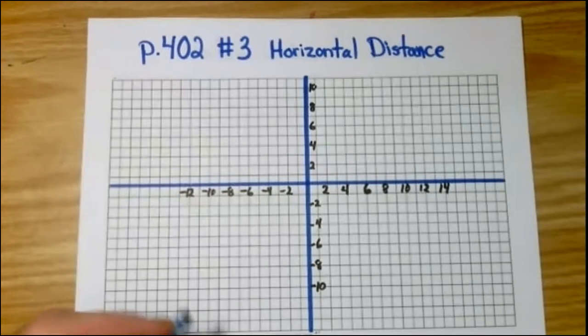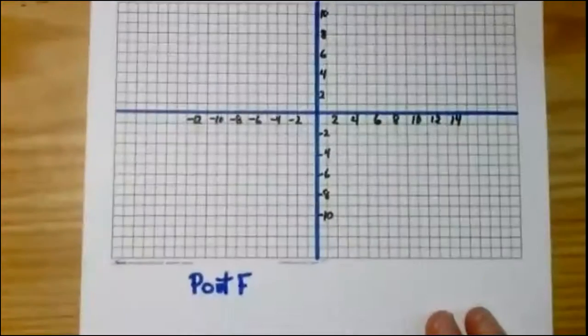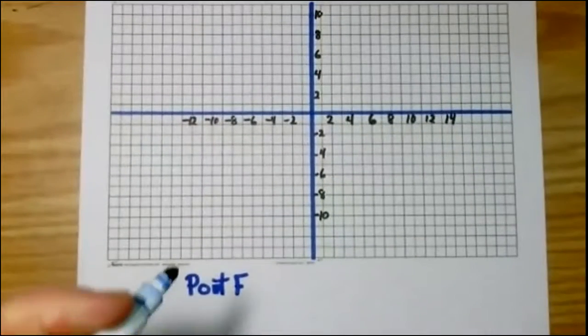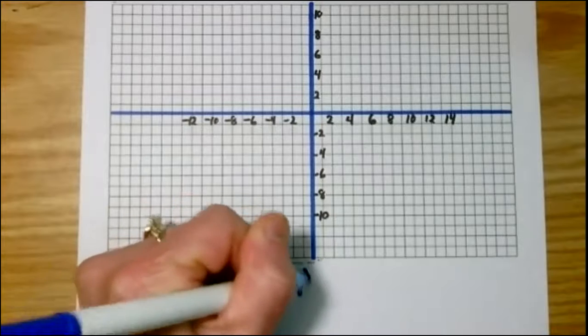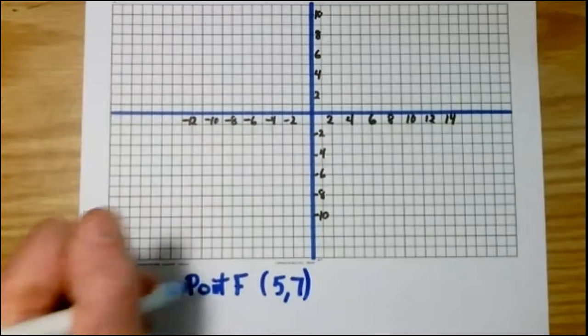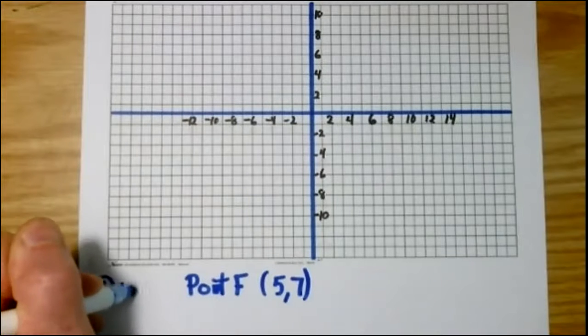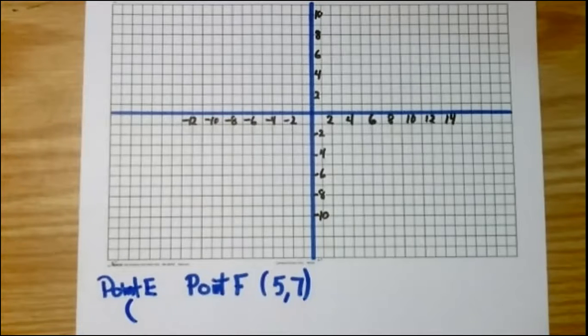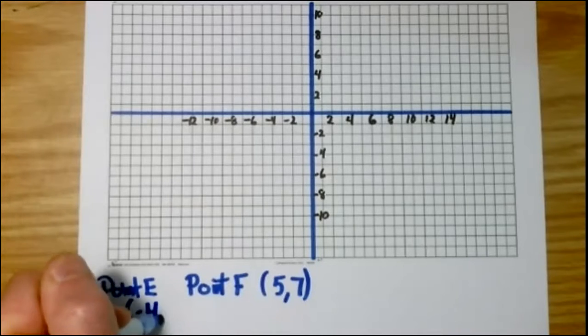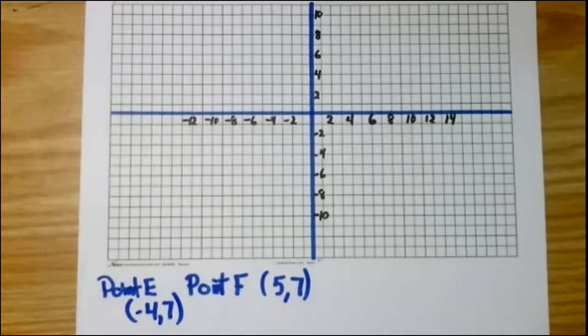The 2 points are going to be point F. Point F is going to be the coordinates of 5, 7, and we're going to plot point E, over here. That's going to be the coordinates of -4, 7. So if we remember how to plot points, you should be getting good at that.